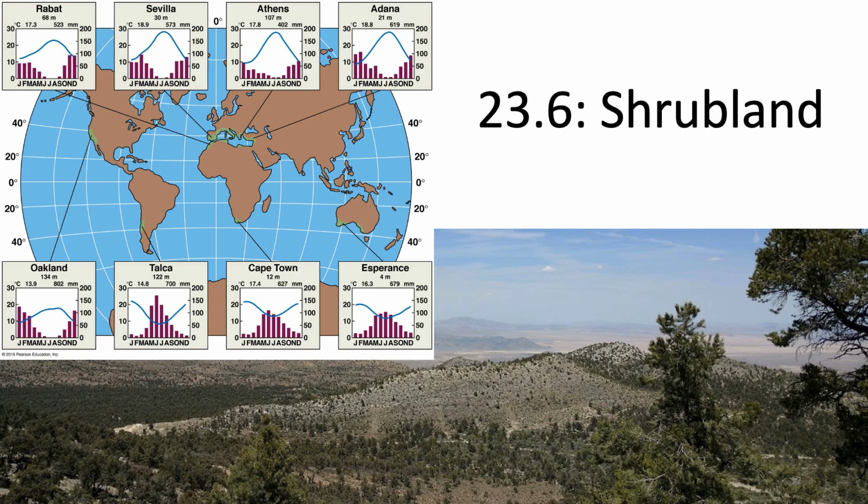Shrublands, like grasslands, the plants also tend to be adapted to fire and also very low nutrient soils, which grasslands in comparison have higher nutrient soils. So plants in shrublands are fire adapted and have low nutrient soils.